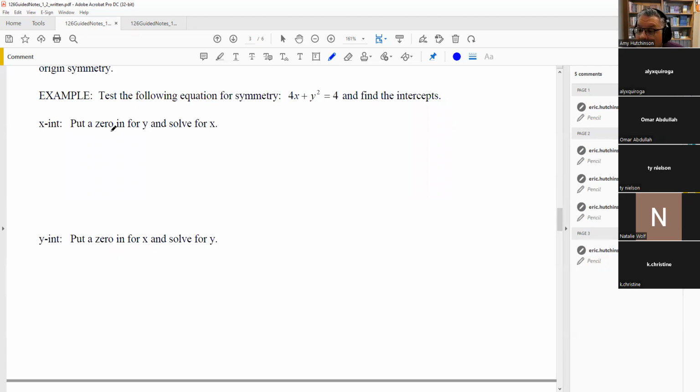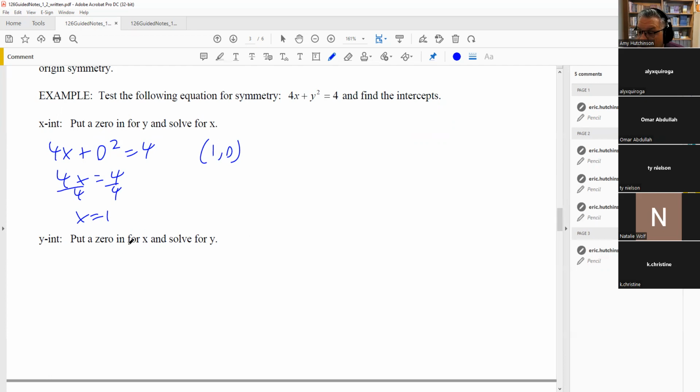For the x-intercept, you put a 0 in for y and solve for x. So I have 4x plus 0 squared equals 4, and I get 4x equals 4. Divide both sides by 4, and I get x is equal to 1, which means that (1, 0) would be the x-intercept.